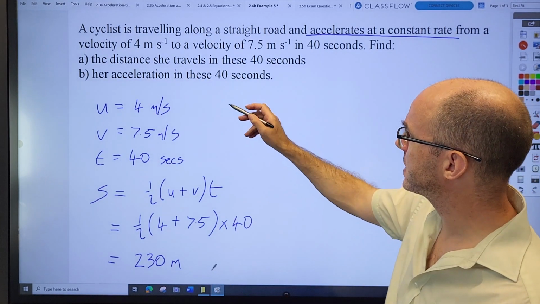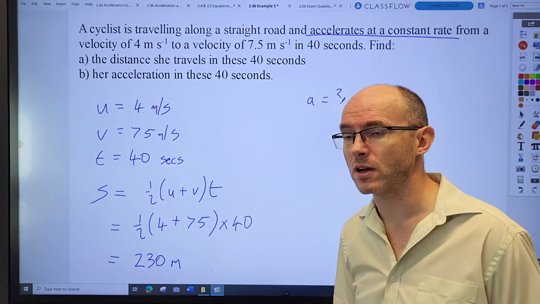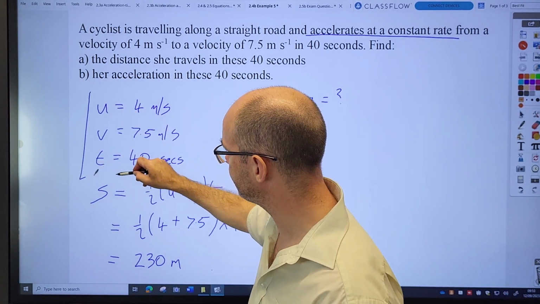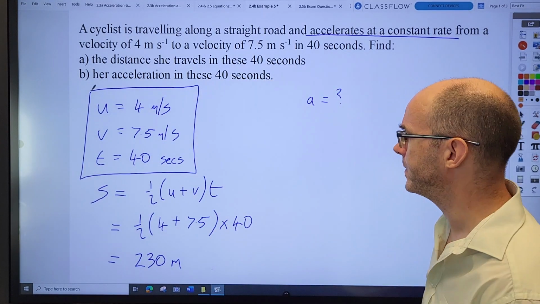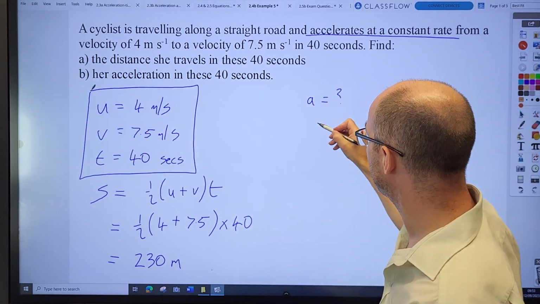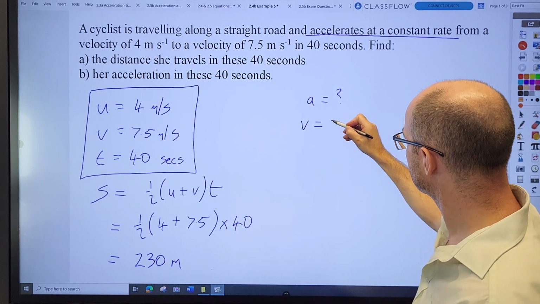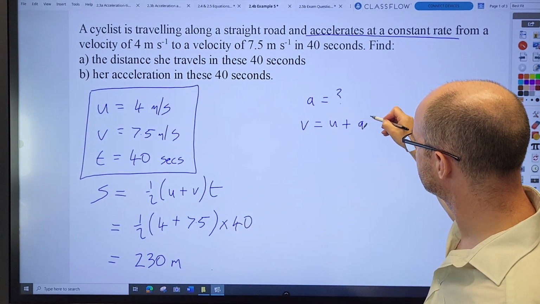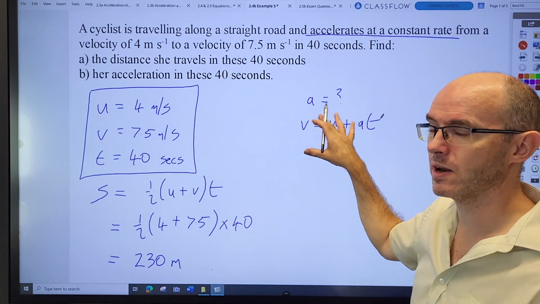B, the acceleration. So we've got to find what the acceleration is. And what I'm going to do for this one is go back to the original information given. There's a reason for that, and I'll come back to that in a couple of minutes. I'll see which formula I could use to find acceleration, and I'm going to pick out this one, v equals u plus at, and I can substitute these and rearrange it to get what I want.